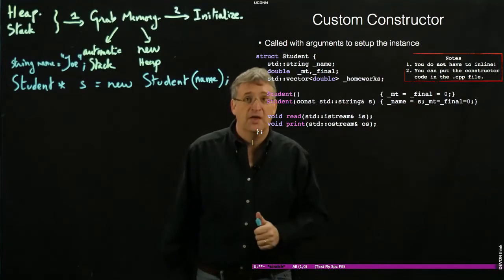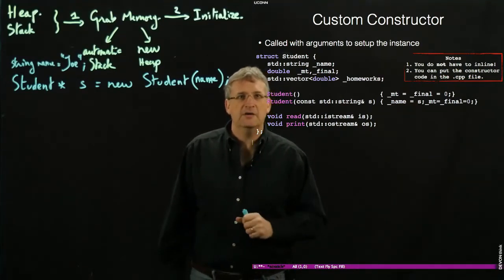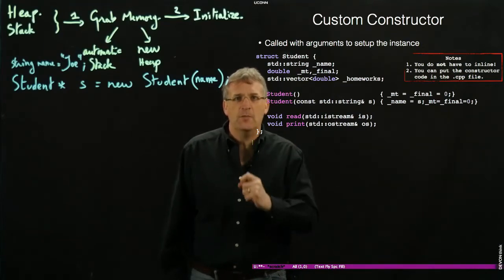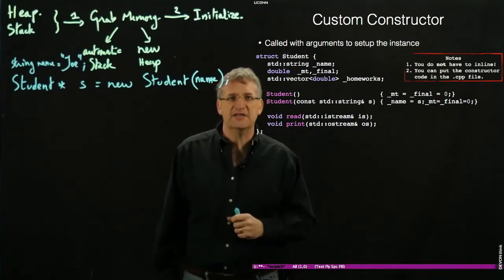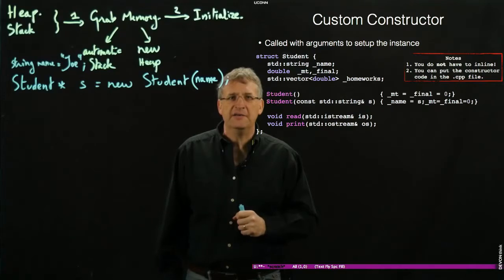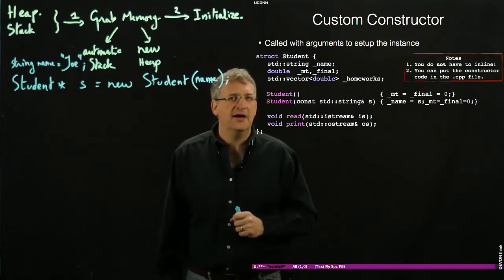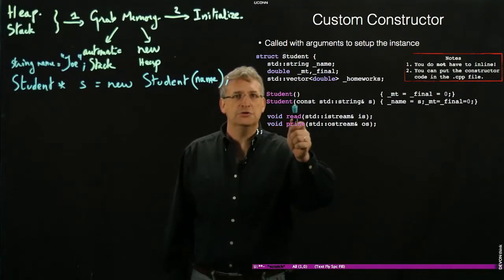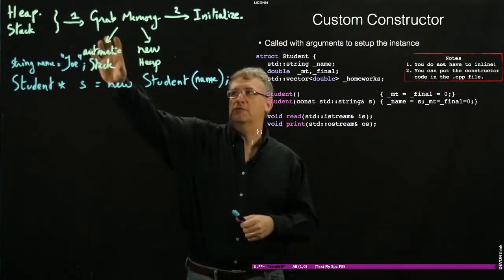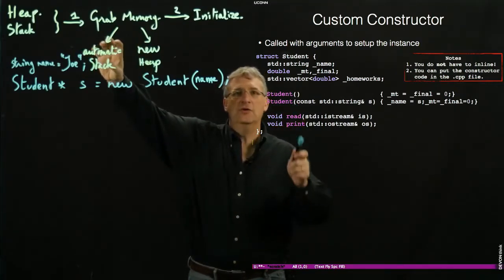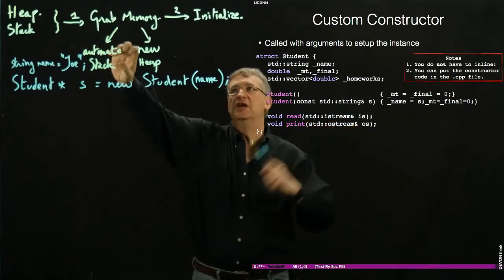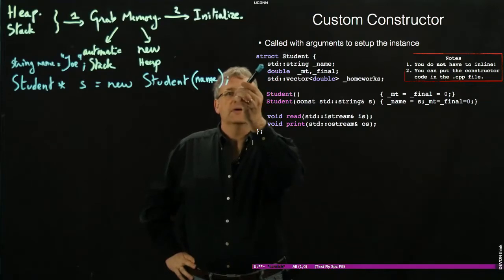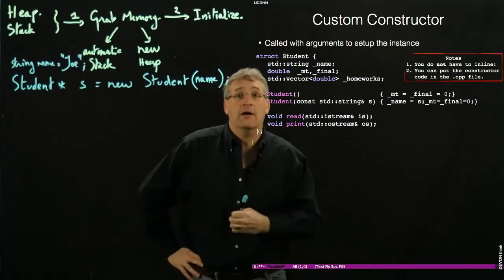Now, it's maybe a little bit important to realize that if I go back to the discussion we just had last time, how many times is the name field initialized here? Well, think it through. When you enter Student, you grab memory, then you enter the Student constructor here, and you go to the initialization. But name and homeworks are objects.